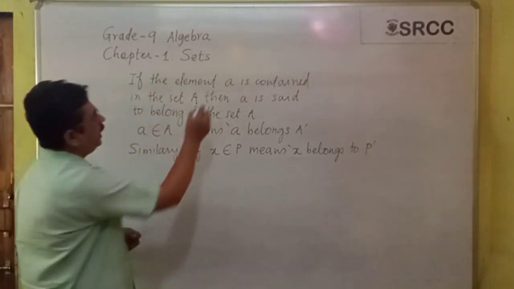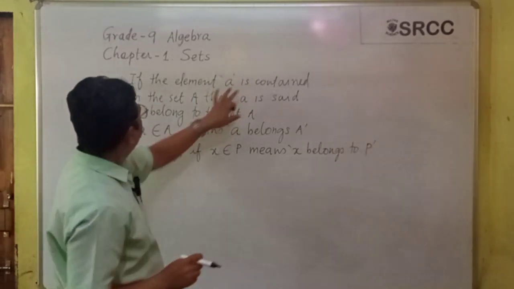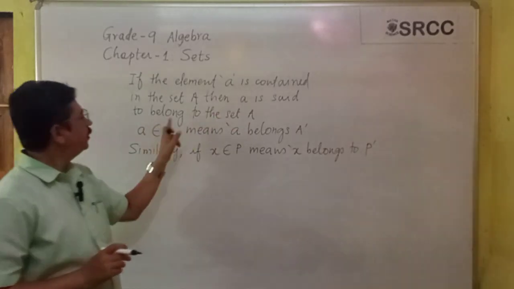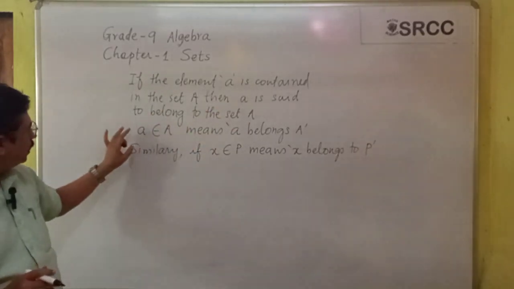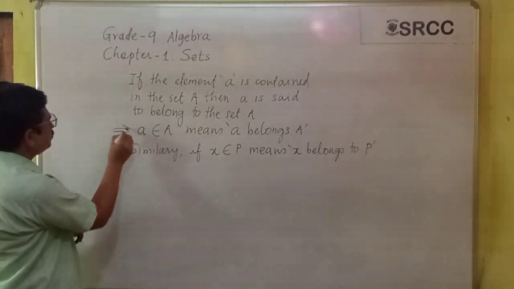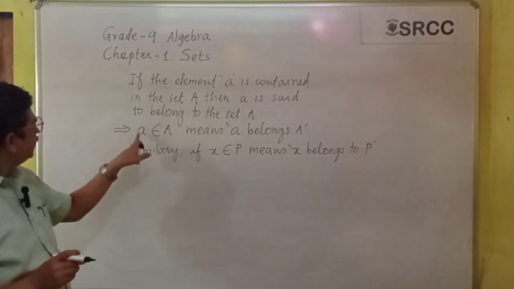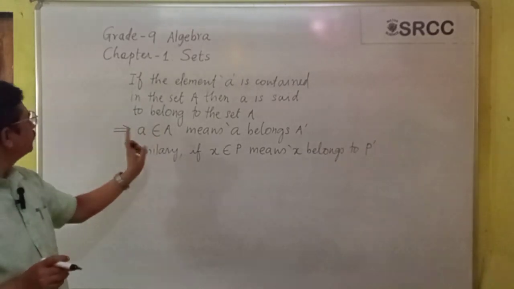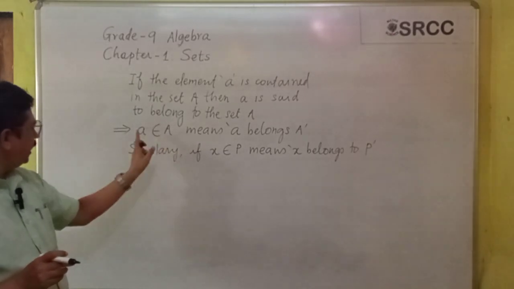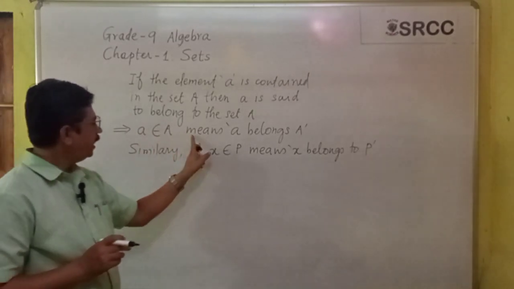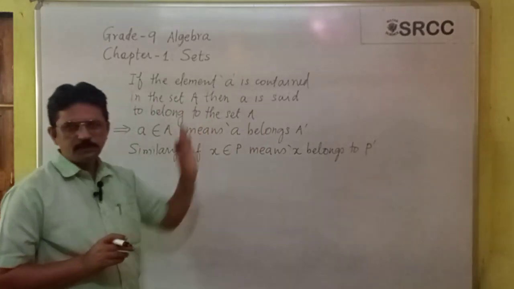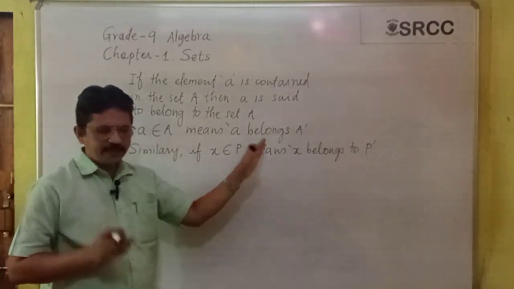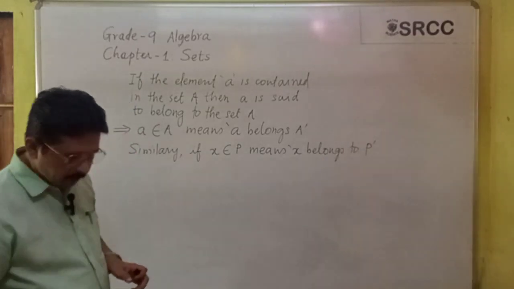If the element a is contained in the set A, then a is said to belong to the set A. That is written as a, this symbol which means belongs to, capital A, and this means a belongs to the set A. Similarly, here the element x belongs to the set P.